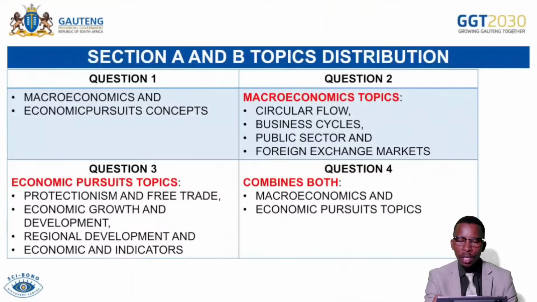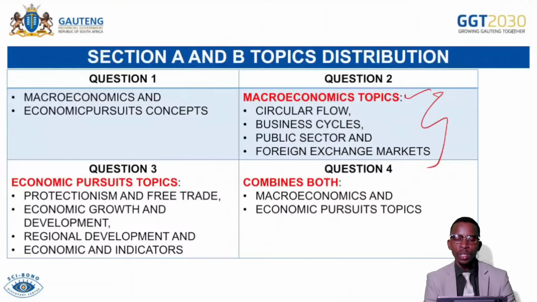And then question 2, if you want to answer economic pursuits, be aware that these topics will not be a part of your question, because the topics in question 2 are macroeconomics topics only. If you want to answer macroeconomics, that is question 2. This is where you should focus the most, doing circular flow, business cycles, public sector, and foreign exchange markets.